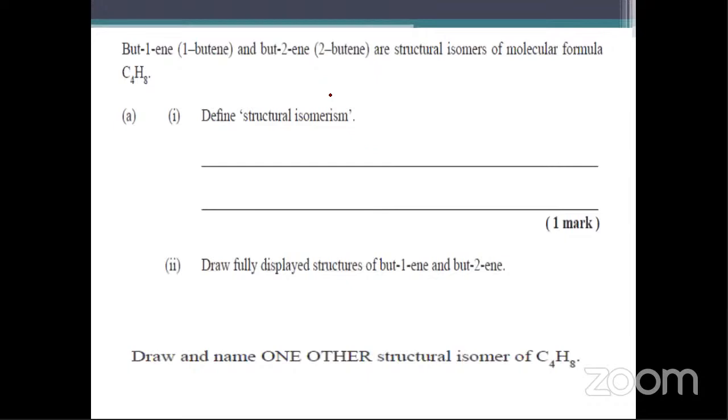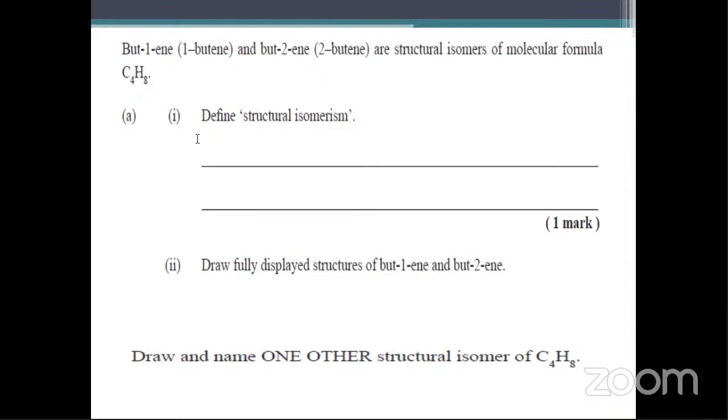This is a CXC question. Define structural isomerism. They say but1-ene and but2-ene are structural isomers of molecular formula C4H8. How would you define structural isomerism? The occurrence of 2 or more organic compounds that have the same molecular formula but different structural formulae. Very good.